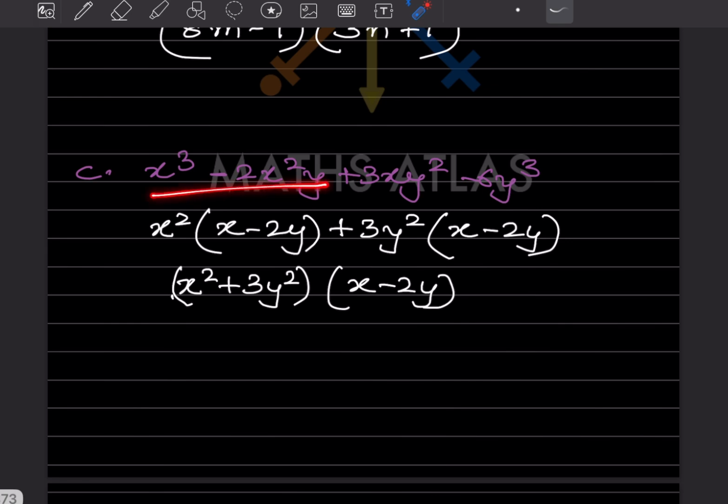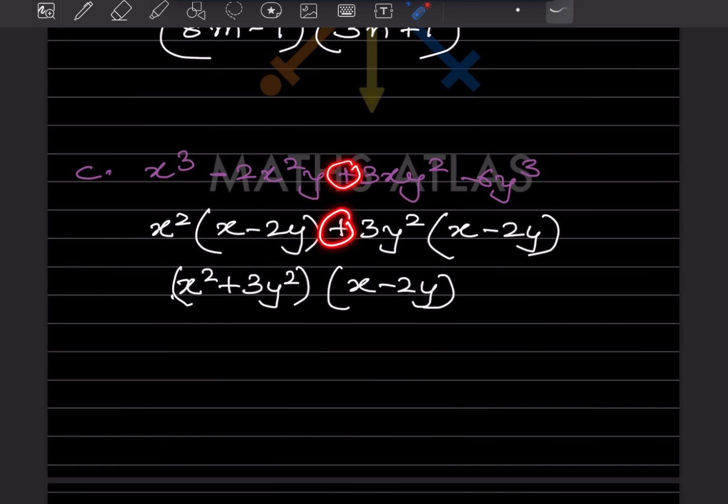Same here. We can see that x square is common, so this is x cube: x square into x will be x cube. Minus here, again this is 2x square y. So x square is already taken, so this will be just 2y.